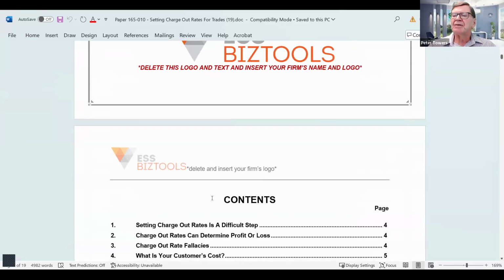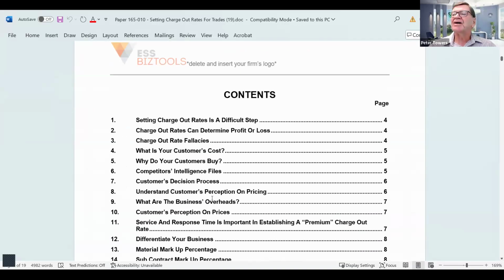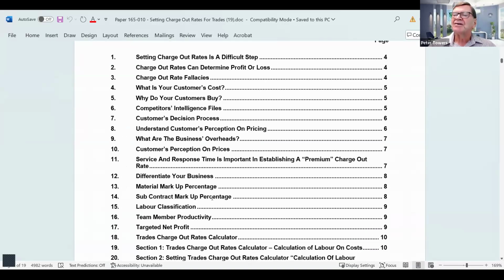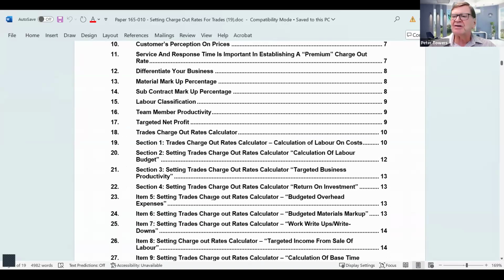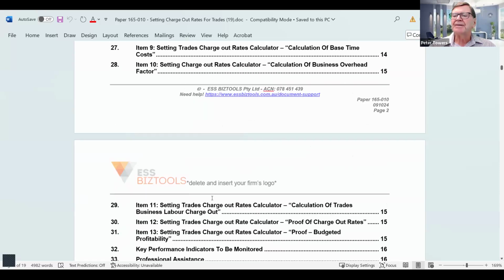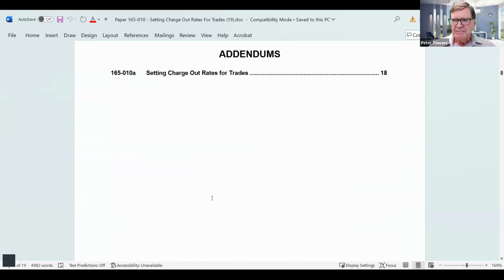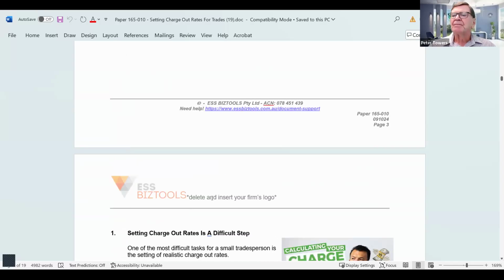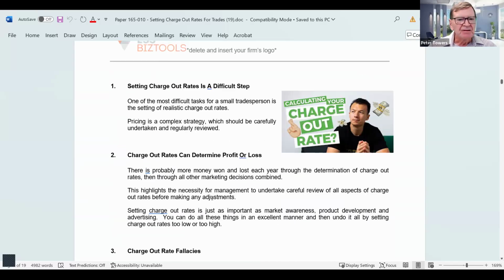So this paper is part of the package, and it goes through and sets out some discussions relative to the charging of rates. But before that, looking at the whole basis of running a business as a tradie.